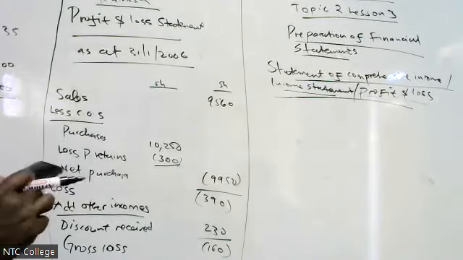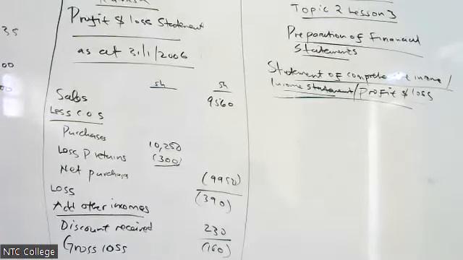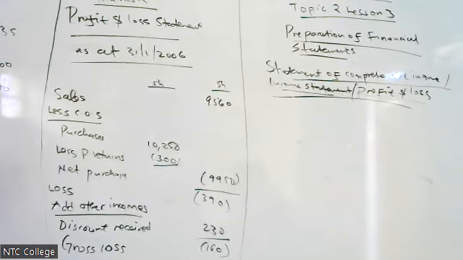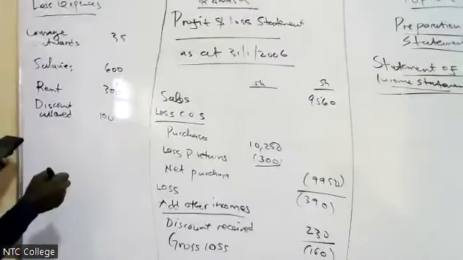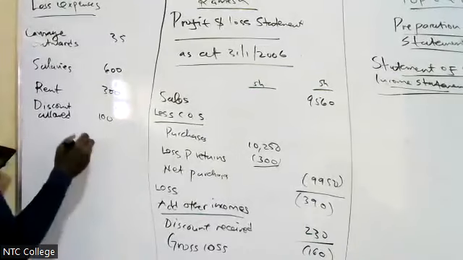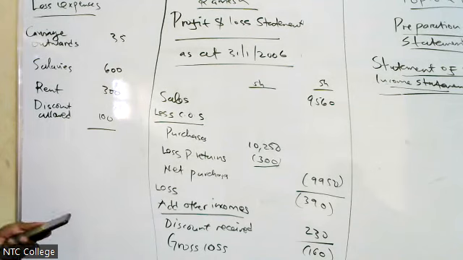Yes. Thank you for seeing that. Discount allowed is an expense. It was how much? 100. So then now get me the total here so that you see how much loss we made.